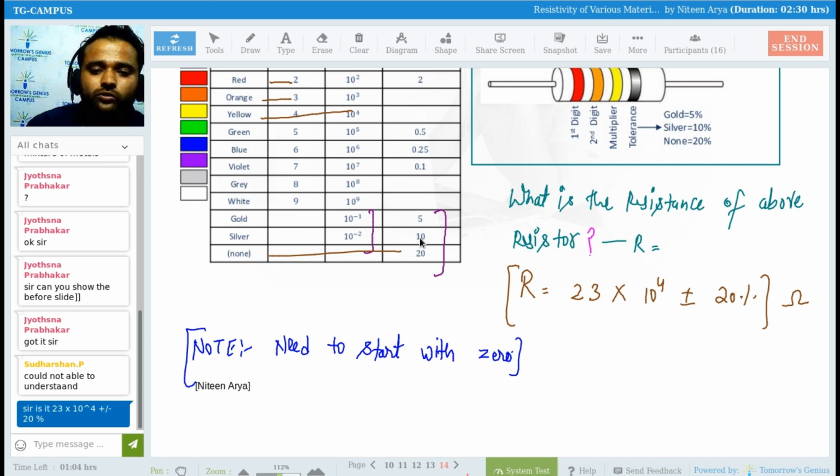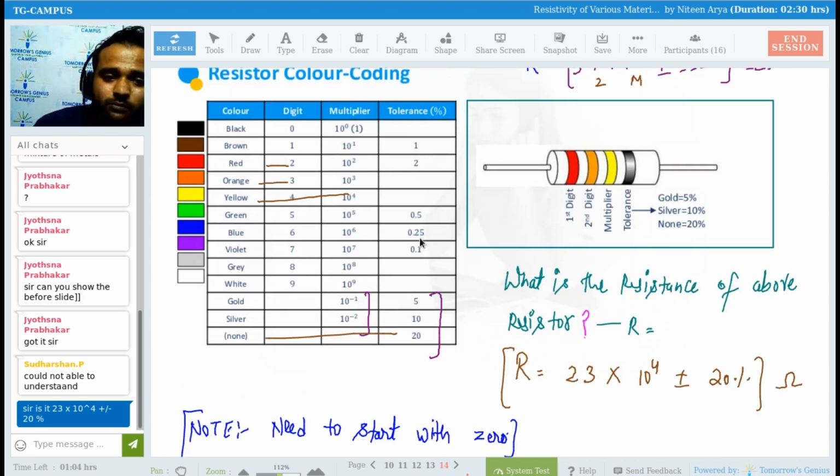And obviously, if you are going to start with zero, you never ever see black here. Simple as that. If in any particular case black is here, that is not possible or impractical. That is a very basic thing. If I put black here, so 0 and then 2 and then 3, that is going to be in the range of 1, because suppose here it is black, just paint it out.